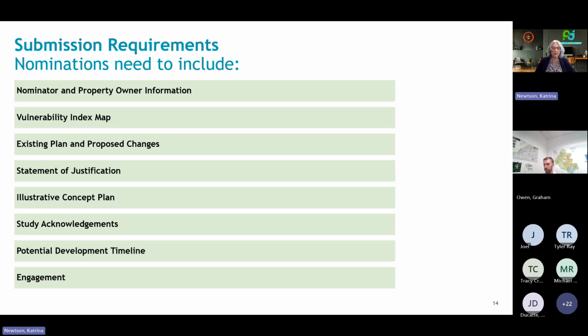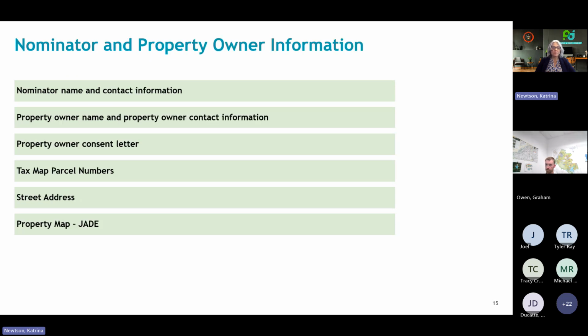There are additional acknowledgments this time around that some additional studies may be required, as well as a potential development timeline, any associated rezonings, and engagement. Has there been any engagement with the community, or what is anticipated for engagement purposes?